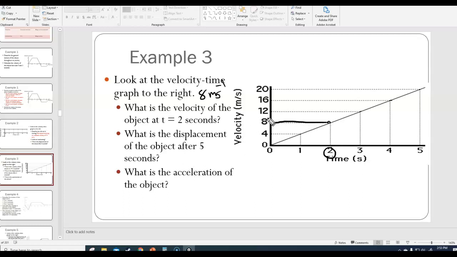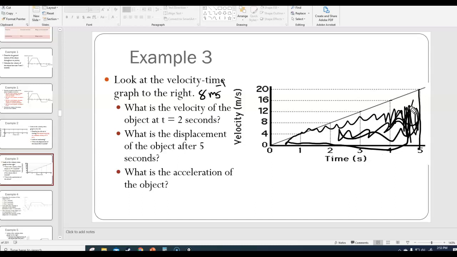Now remember, on a velocity time graph, the displacement is calculated by finding the area under the graph. Notice, by the way, that the first thing you really should see from this graph is that based off of the shape, it's a linear velocity time graph. That means that this object is moving with constant acceleration. Okay, so just kind of keep that in the back of your mind. Now, the area under the graph would be the area of this triangle in here, right?